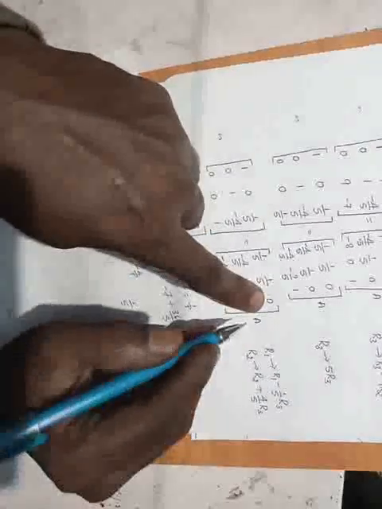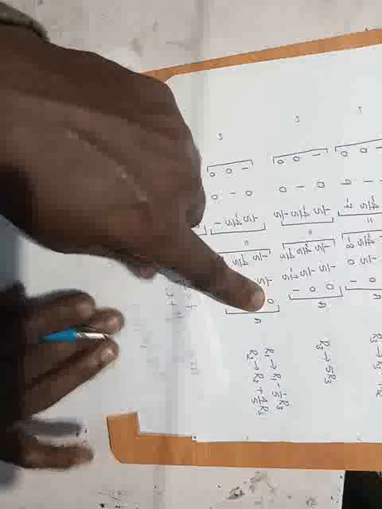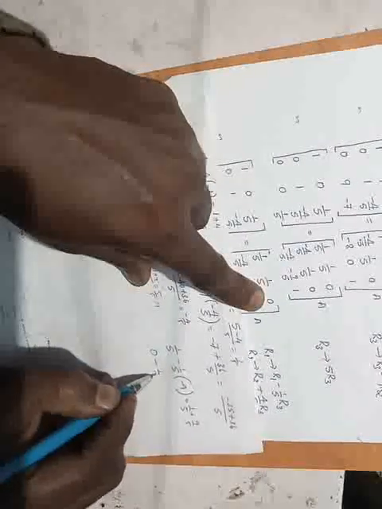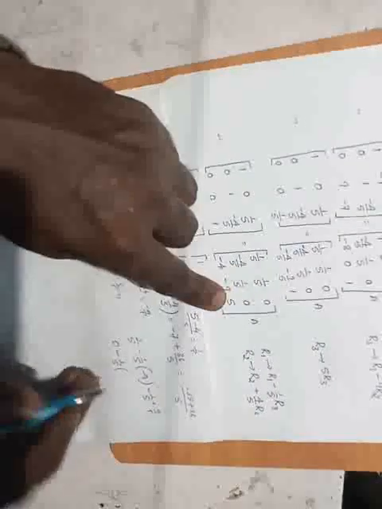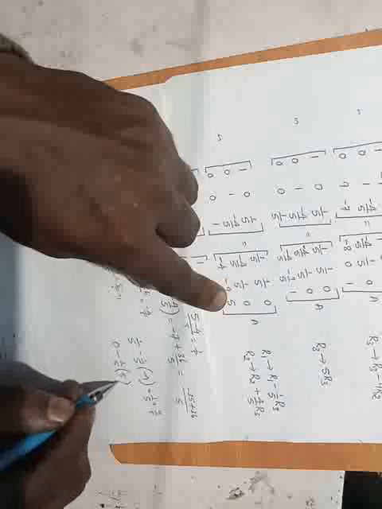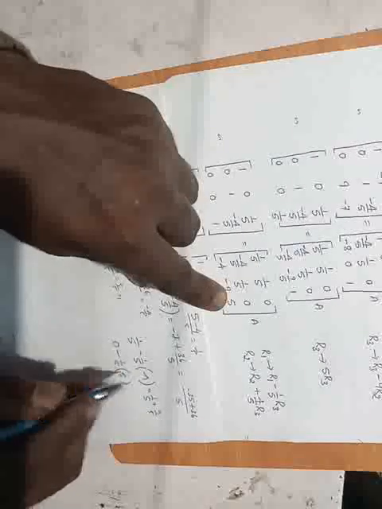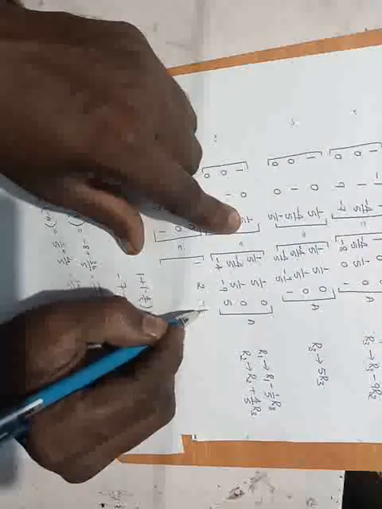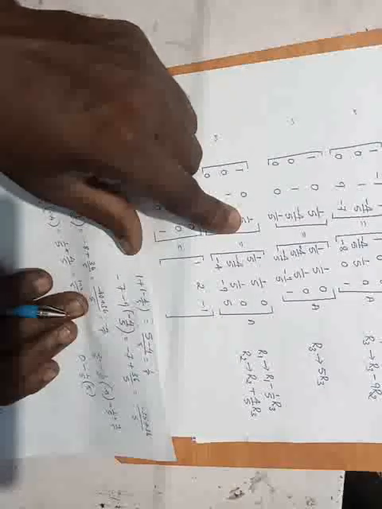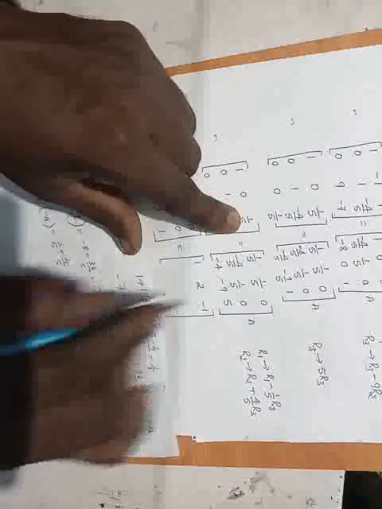Next, last element, R1 is 0, so we get 0 minus this 1 by 5 times R3 means 5. See, 5 gets cancelled, we get 1. So 0 minus 1 is minus 1, so we get minus 1 here.